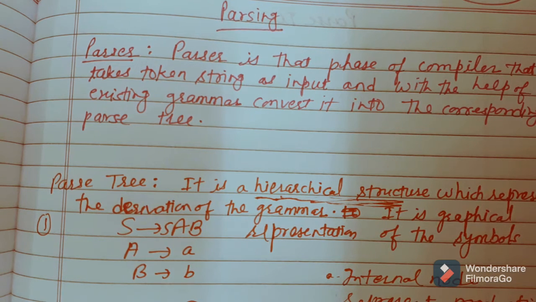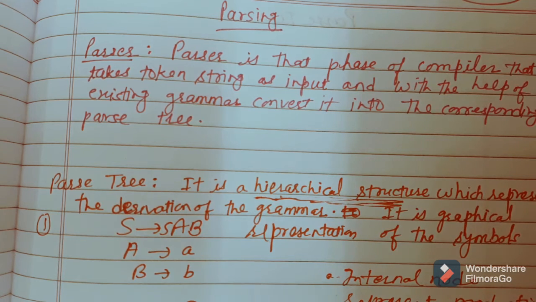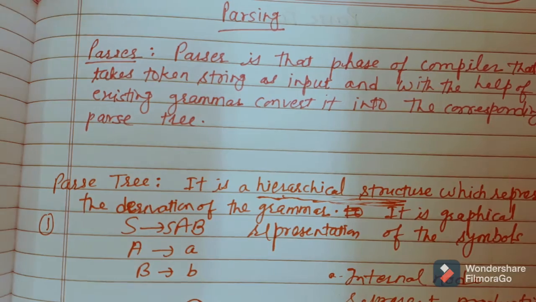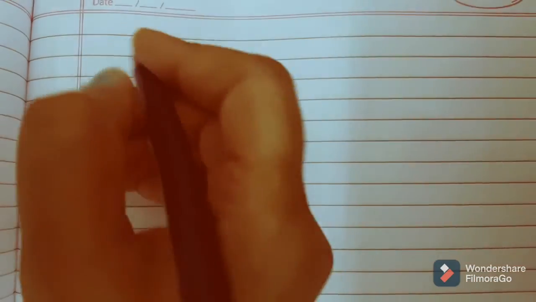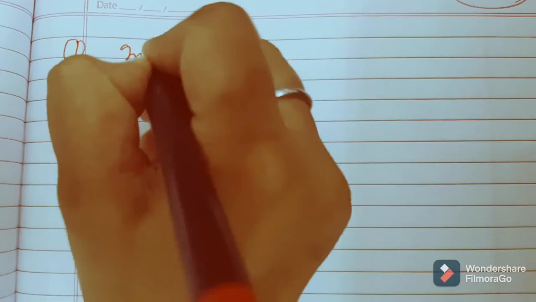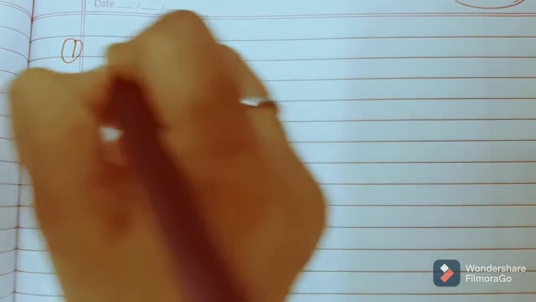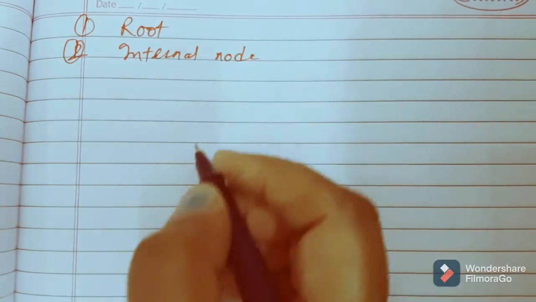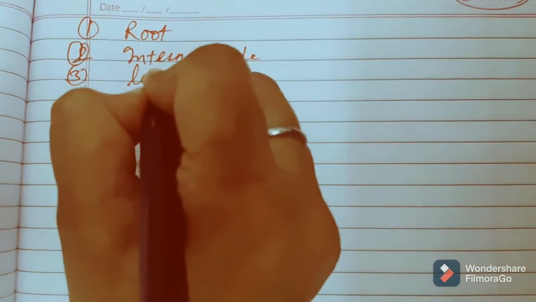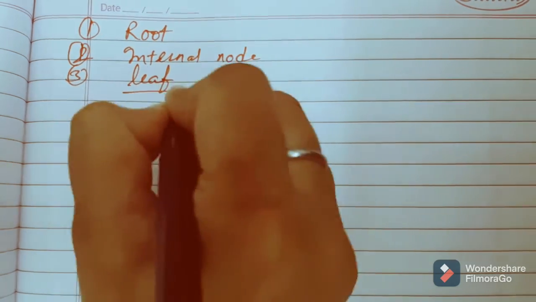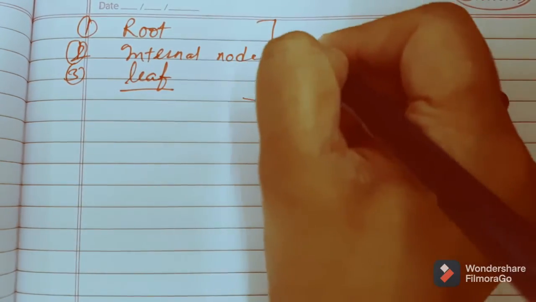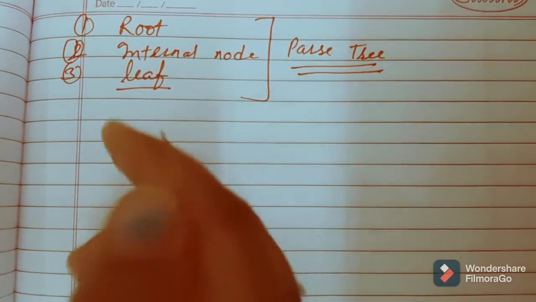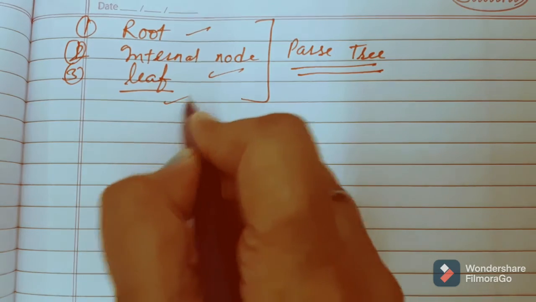And when the tree comes, we know there will be one root, and there will be some internal nodes. First one will be the root of the tree, second the internal node, and the third one will be the leaf.